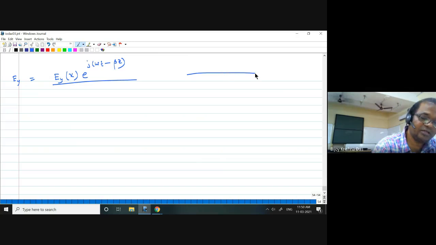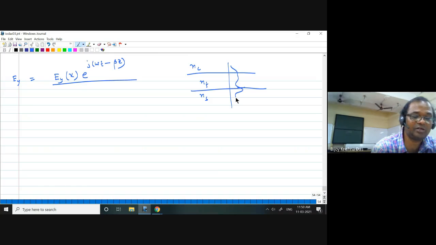So you just think you have a waveguide, you have NF and you have NS and you have NC. I know that for a guided mode, in the x direction, from our previous discussion, there can be some kind of distribution, something like this.